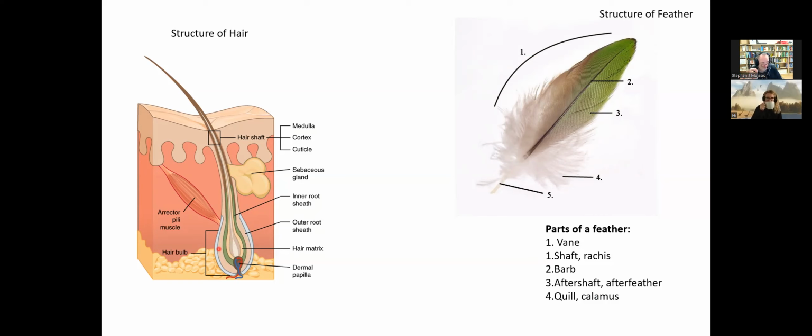Notice a few things about hair. Hair has a small muscle attached to it. That's an important clue about the origin of hair and what hair is useful for. A muscle obviously controls movement.